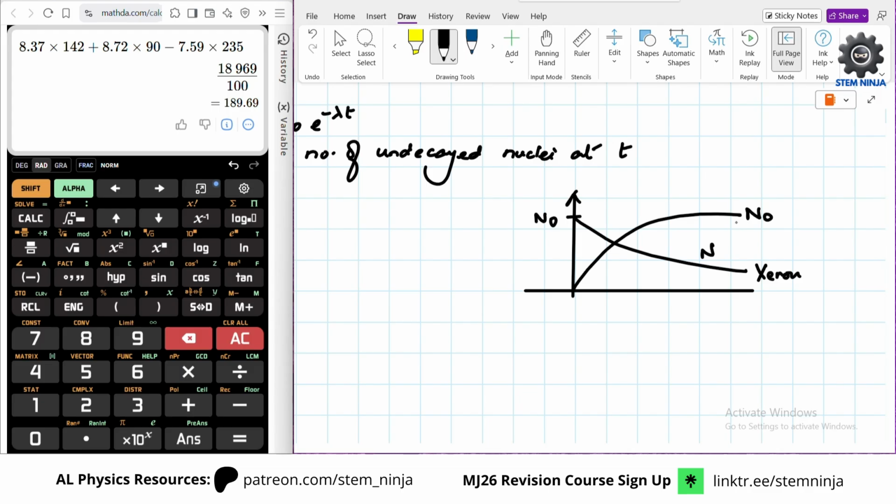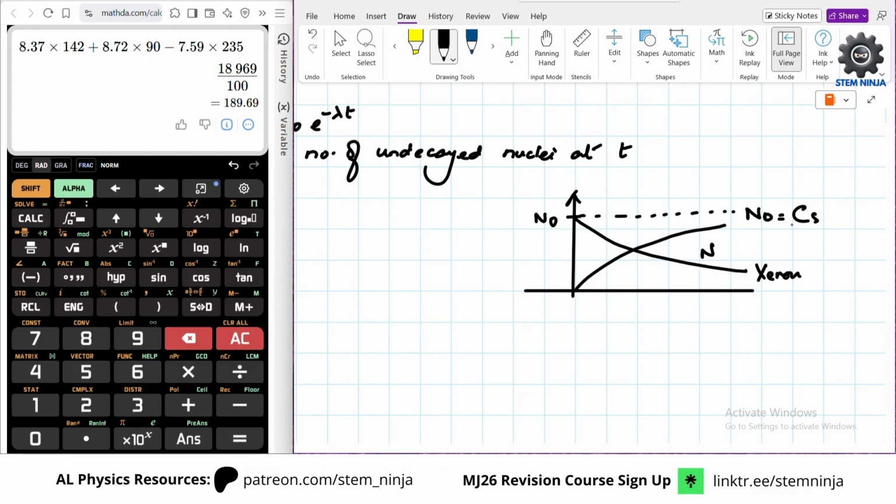So they will become equal to N naught at infinity, basically. This is the number of decayed nuclei, the number of cesium.